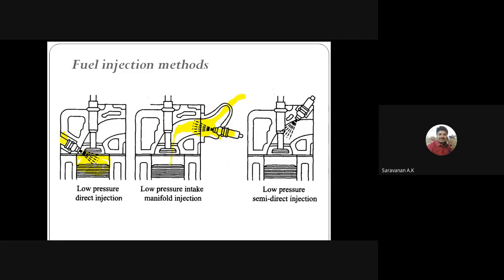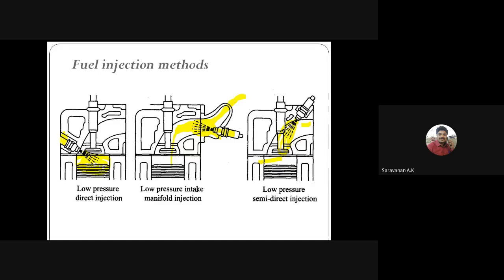This type of injection is called manifold injection. And here, it is not a manifold injection and not a direct injection, so it is called a semi-direct injection. Here we can see the three types of injection methods.